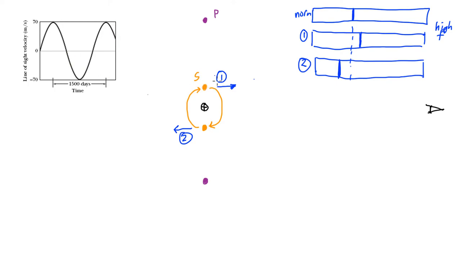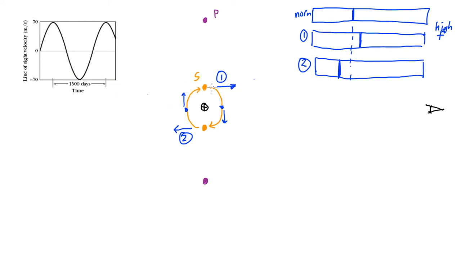So let's see what's going on here. Here, the star is coming towards you as it goes in this circle. This is where the component of its velocity coming towards you will be the maximum. When it's down here, the star is going this way, and it's not coming towards you or away from you. There's no radial velocity. It's called radial velocity because it's along the direction of a radius from your eye to the star.